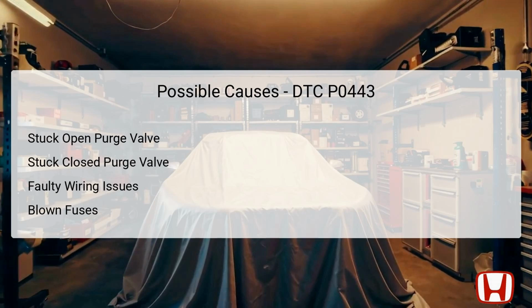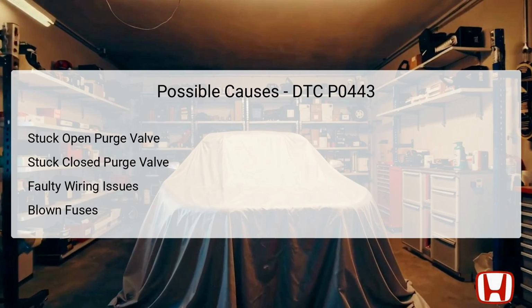Several possible causes can lead to the emergence of DTC P0443. One common cause is the EVAP canister purge valve becoming stuck in the open position, continuously allowing vapor flow when it should not. Conversely, if the purge valve is stuck closed, it can prevent necessary vapor flow altogether, causing disruptions in the emission process.